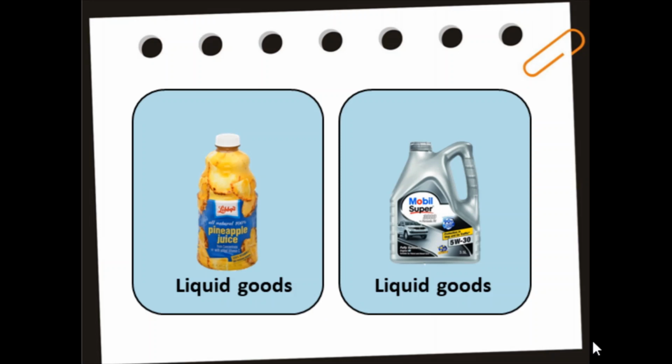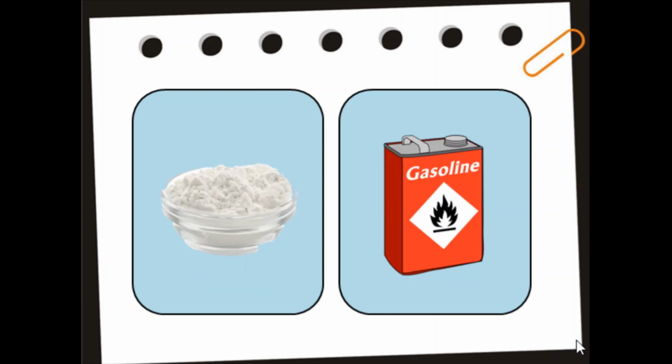Doing great so far. Now, look at this one this time. What kind of good is this flour or starch? Do we get wet when we touch a flour? No, we don't.